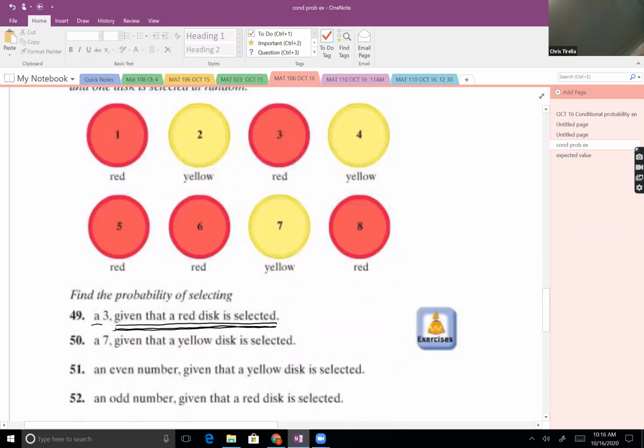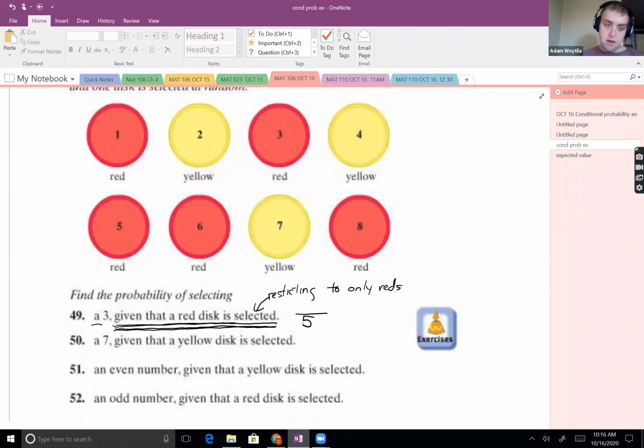Given a red disc is selected, I'm restricting to only reds. So how many reds are there? 5. If I know it's a red disc, my sample space is only those 5 red discs.